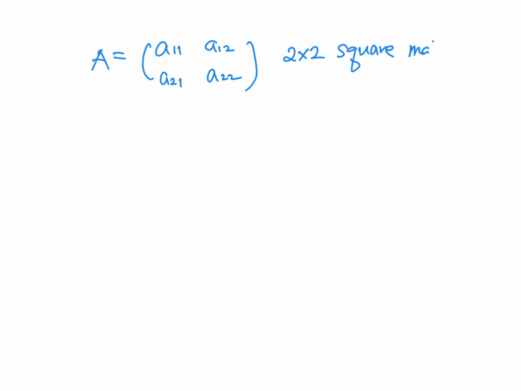So this particular quantity, when we define A as A11, A12, A21, A22, this is a 2 by 2 square matrix. So about 70% of the time, we are going to play with just 2 by 2 matrices, which is easier, while you can learn the basic concept of matrix operations.